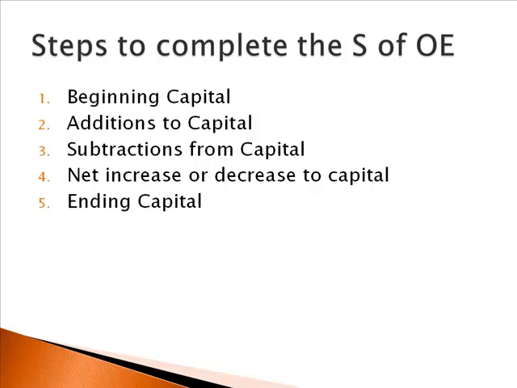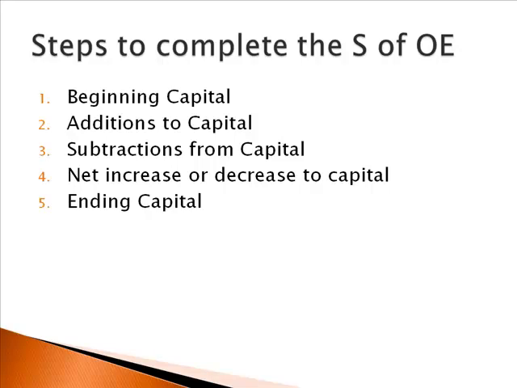Step 4 summarizes the increases and decreases down to one number, and we have either a total net increase to capital or a total net decrease to capital, depending on what our increases and decreases were in this particular financial period. But step 4 is to net out the increases and decreases and state whether we had a net increase or net decrease to owner's capital. The last step in preparing a statement of owner's equity is then to come up with the ending balance.